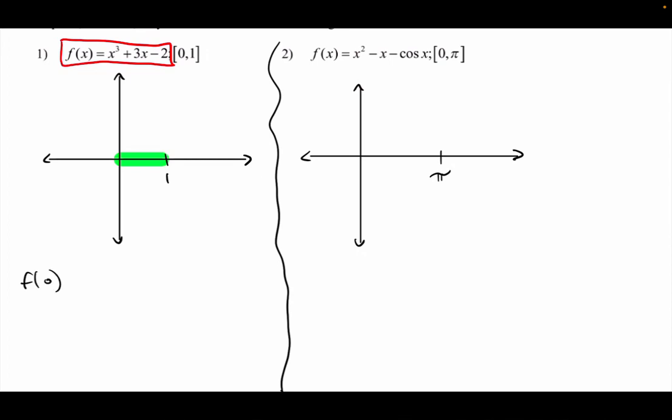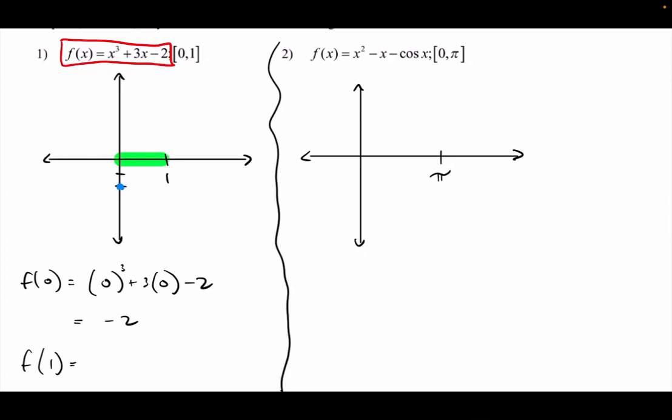So I'm going to plug in 0 first. 0 cubed plus 3 times 0 minus 2. I get negative 2. So when x is 0, y is negative 2. Now I'm going to plug in 1.